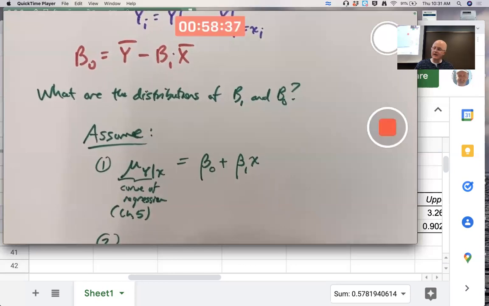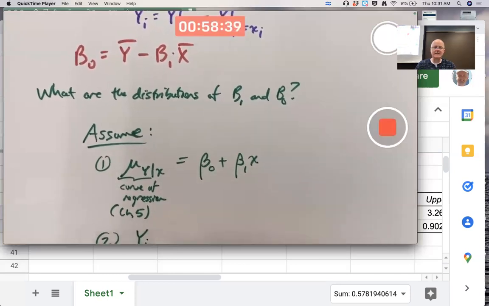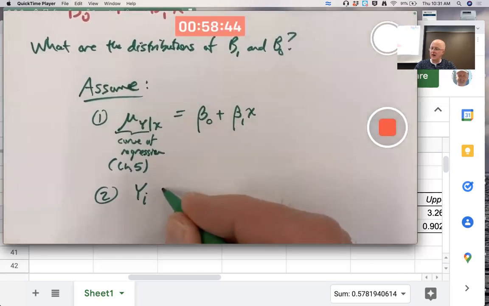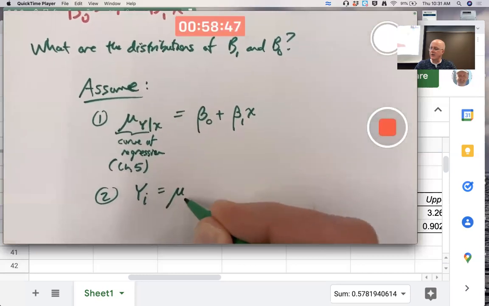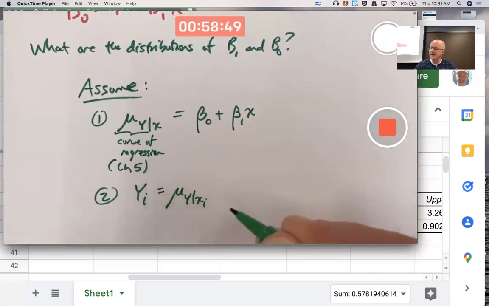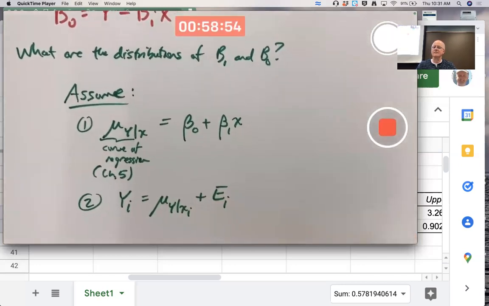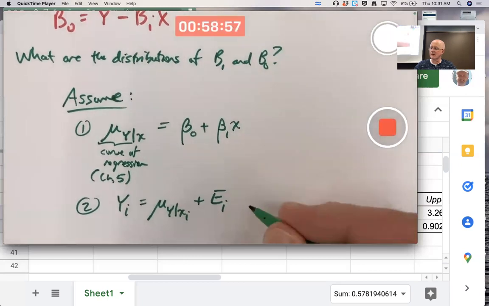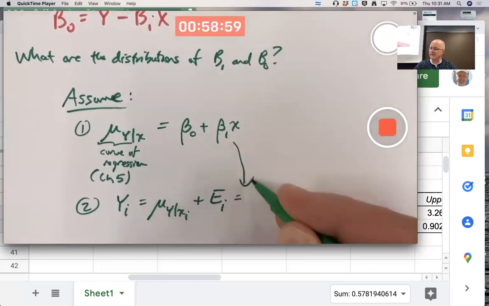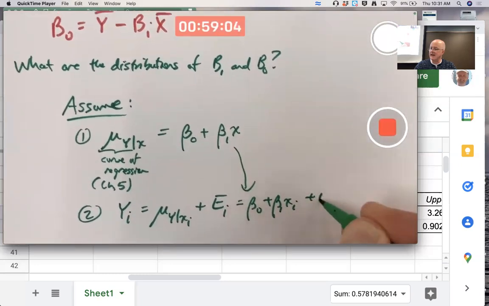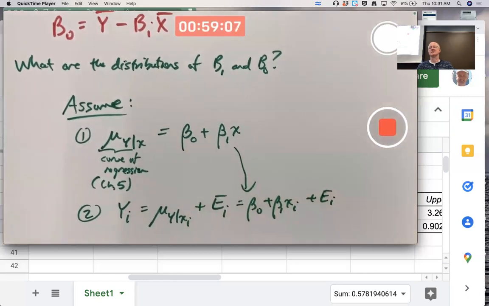We also assume that these yi's equal the curve of regression evaluated at xi plus some random amount called capital Ei. You could plug this in and get that this is also written as beta 0 plus beta 1 xi plus Ei. Capital Ei is a random variable. What random variable? We just assume it's got a certain distribution. That's all we do.